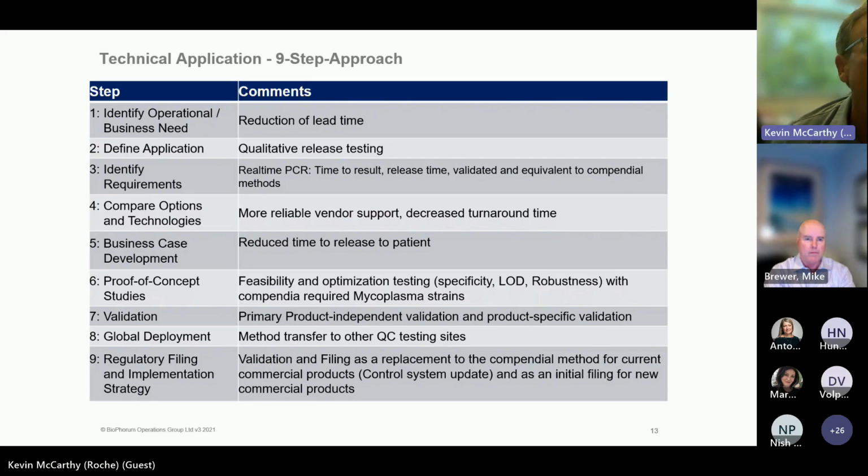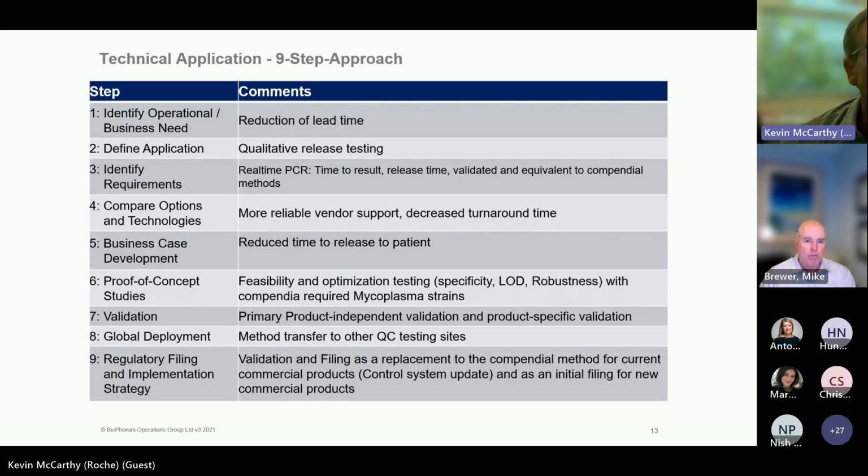Okay, and again, the 9-step approach is to reiterate, to identify an operational business need. In the case of, and this will be for Roche, we wanted to reduce the lead time. Define the application: for Mycoplasma, we wanted qualitative release testing.